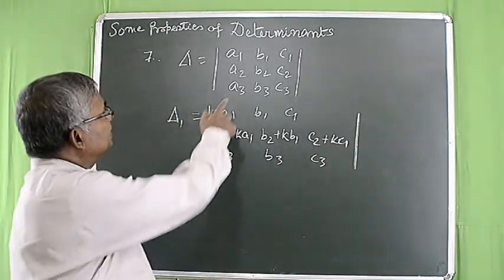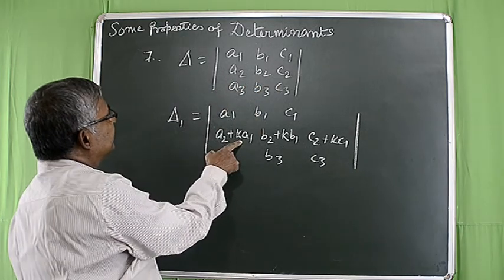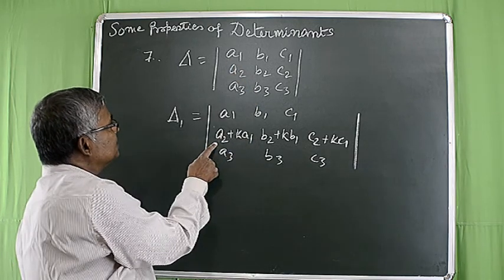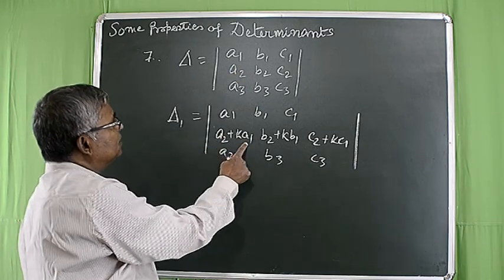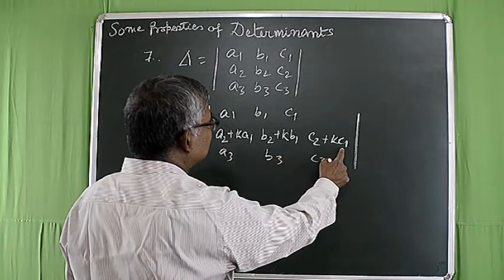Students, here see each element of row 2 is added K times of corresponding elements of row 1, that is A2 plus K A1, B2 plus K B1, C2 plus K C1.